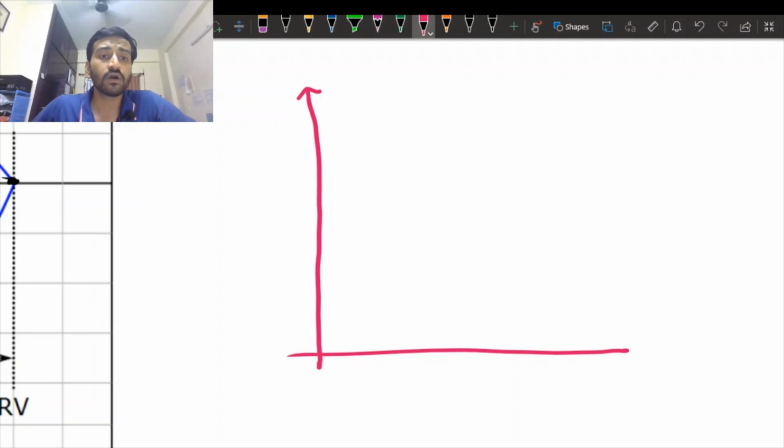So you cannot interpret on the basis of velocity, so you are calculating it as liters per second. You cannot calculate kilometers per hour. So you are calculating how much air you are breathing out per second on the y-axis. And on the x-axis, what are you doing? You're plotting volume.